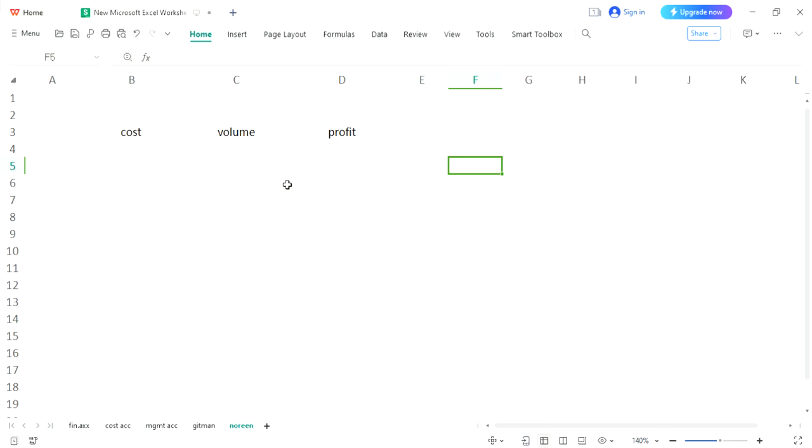Suppose you are running a canteen and you are selling chips, Lays, maybe your favorite. If you are a shopkeeper and you are selling Lays, obviously you will buy these products from somewhere or from a wholesaler. You will keep these products at your canteen and then you will sell it. All right.